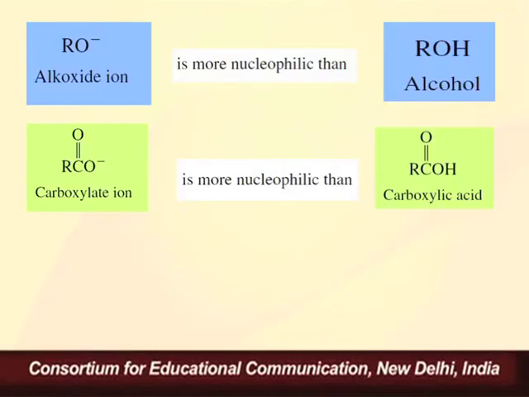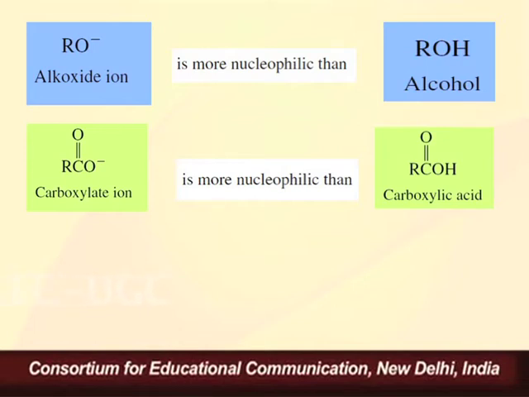So it is a weaker nucleophile, or the rate of reaction will be low. On a similar basis, we can say that the alkoxide ion, which is a stronger base as compared to its alcohol, which is its conjugate acid, is more nucleophilic.